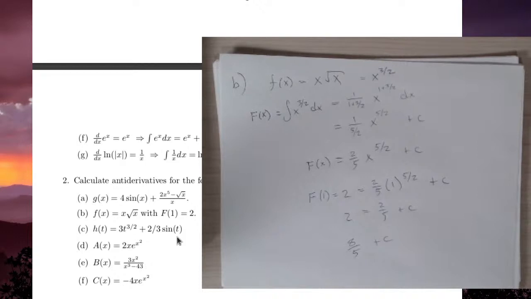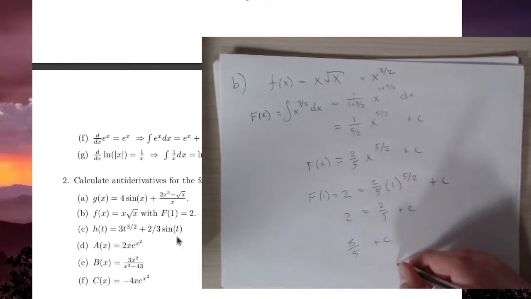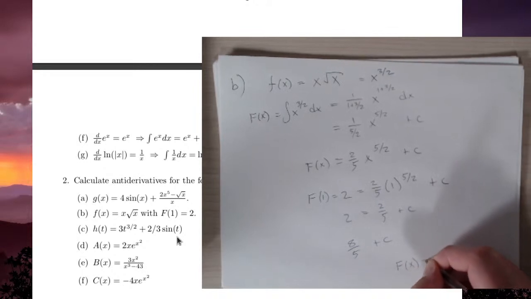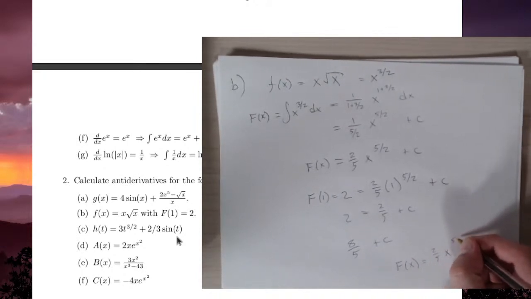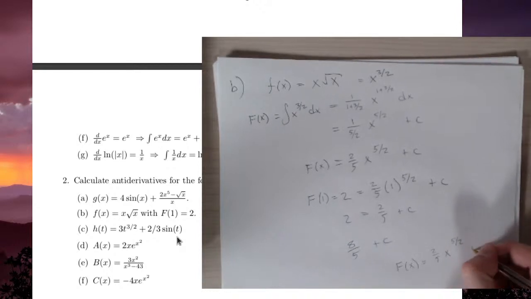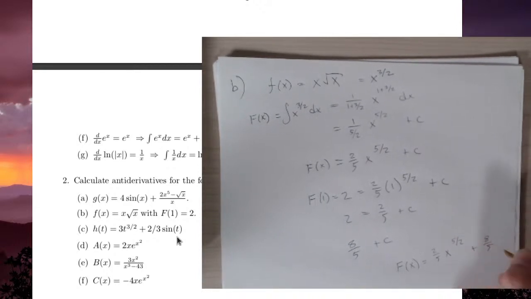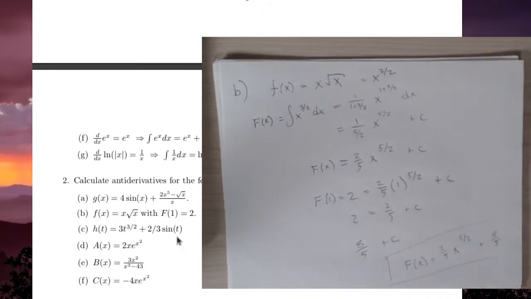That sound right? Looks that way to me. So this specific antiderivative is 2/5 x to the 5/2 plus 8/5.